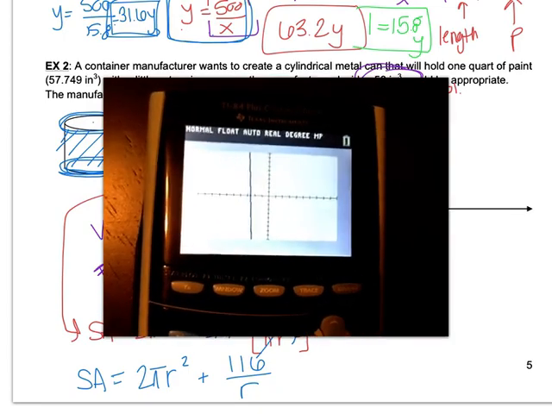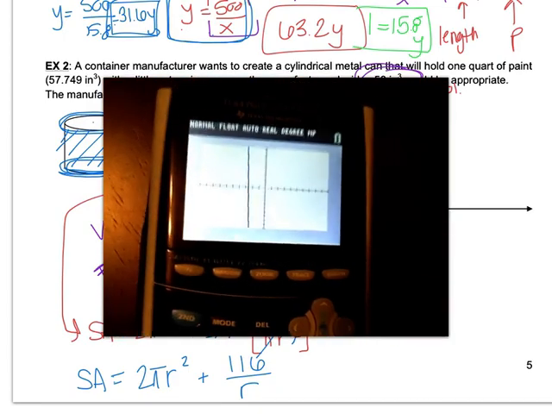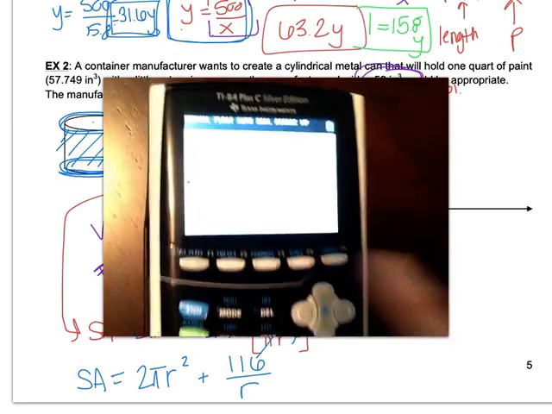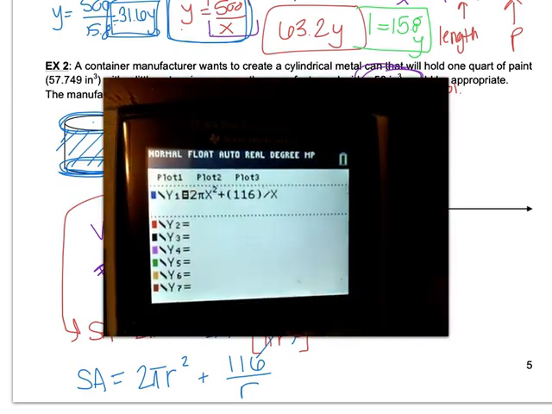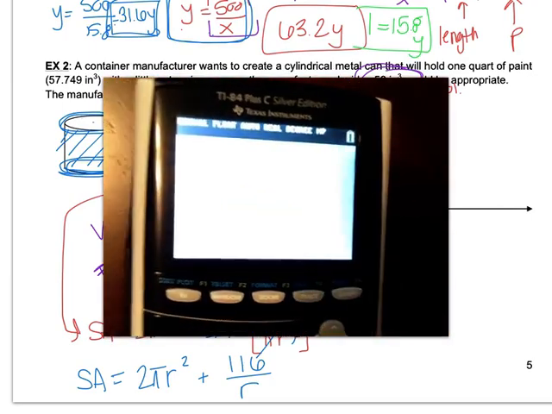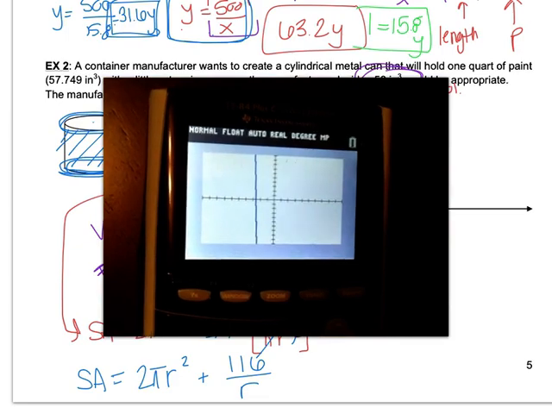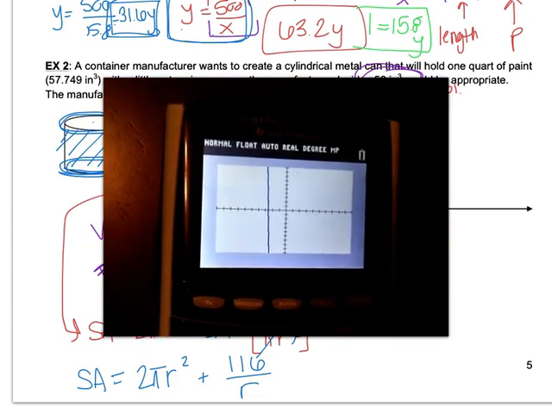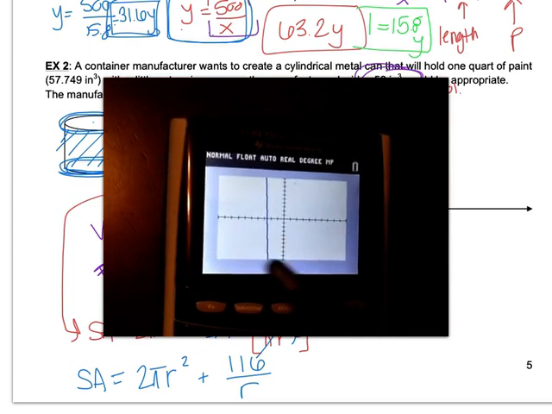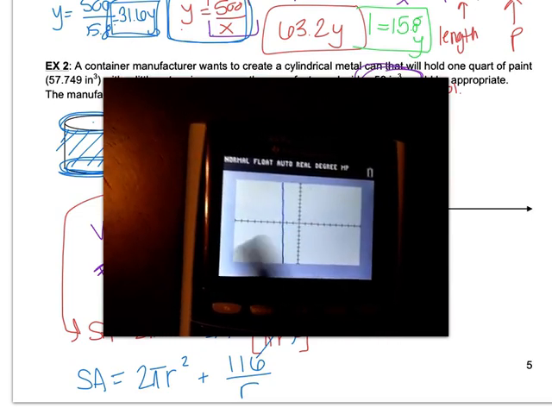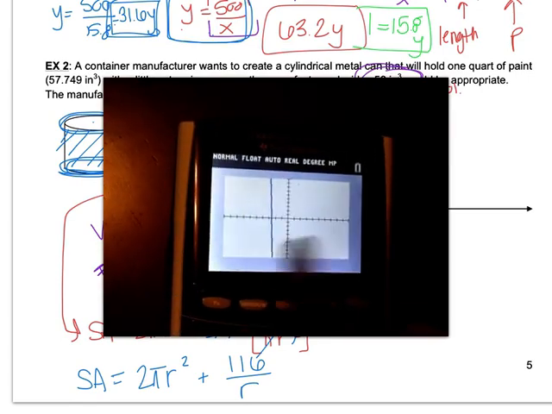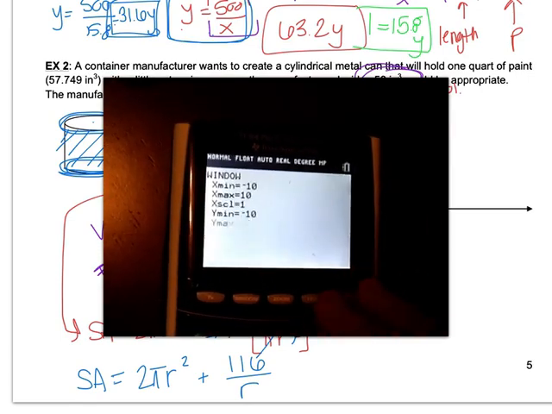Alright, when you type this into your calculator, again, I just typed in our simplified version right there. When you hit graph on the standard window, zoom 6, you get this, which doesn't make any sense because remember our x value is representing r, which is radius, so we don't want any negative radii, and our y value is representing surface area. So this window isn't going to work for us.